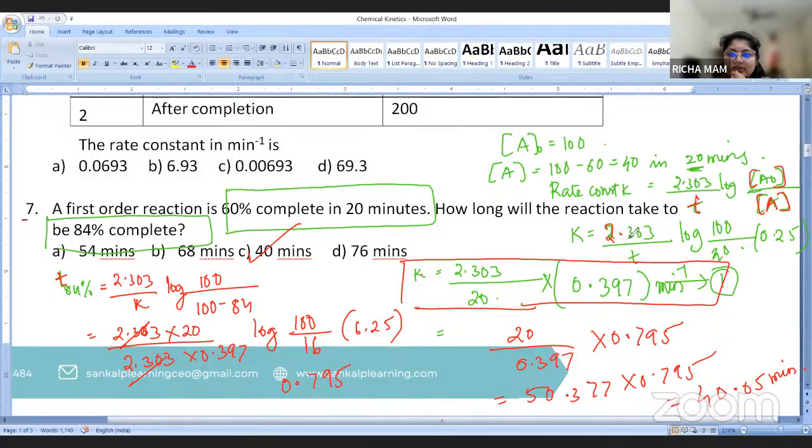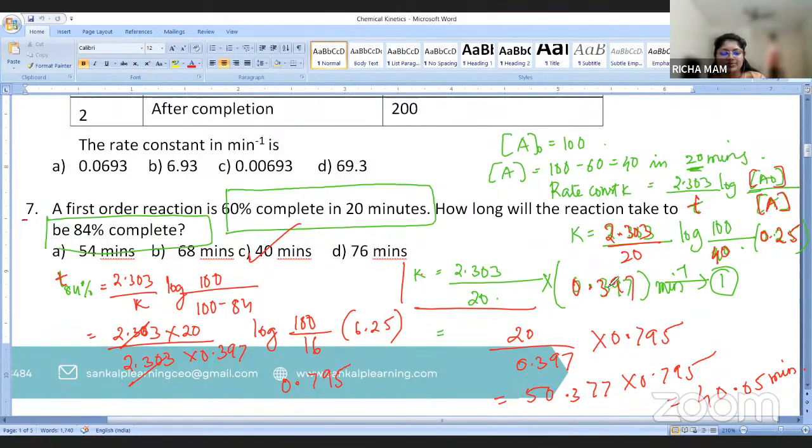T is 20 minutes, so 2.303 by 20 log of initial 100 by final 40. 100 by 40 is 2.5, and we find the log of it, that is 0.397.